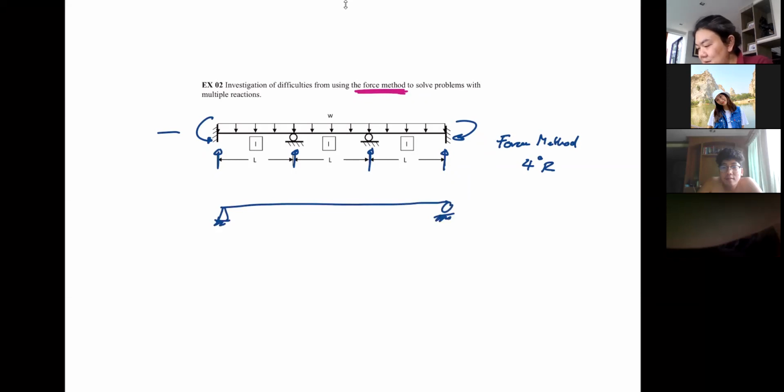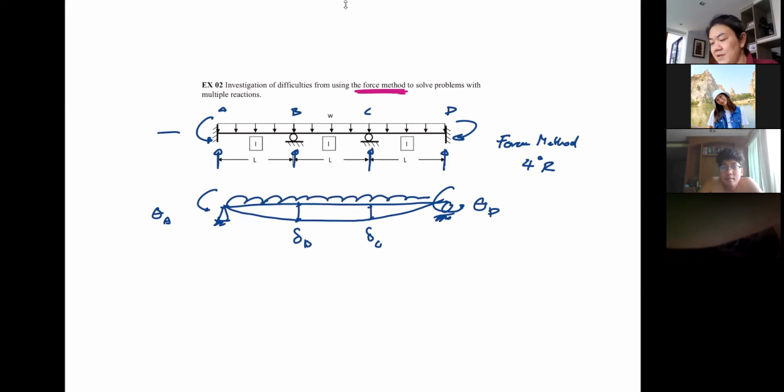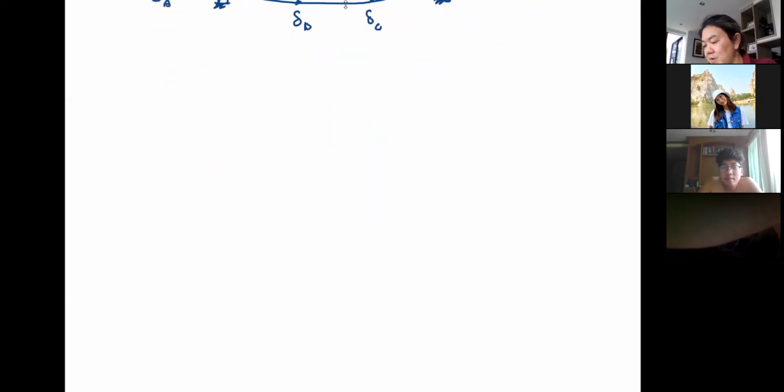It looks like that. So if I call this A, B, C, and D, you are going to solve for zeta A, delta B, delta C, and zeta D. So not a good thing to do, right? I'm not going to go into details because we are not doing the force method anymore. Just try to complete the example that you have.